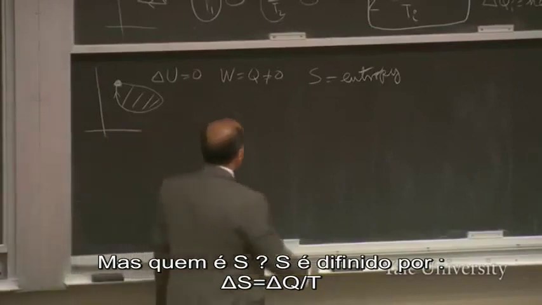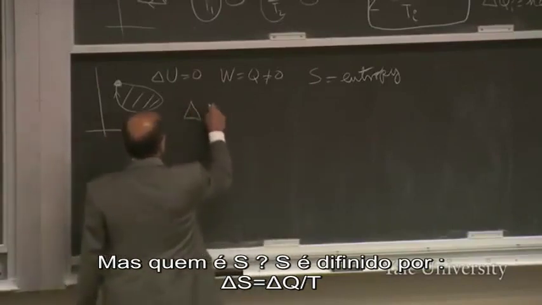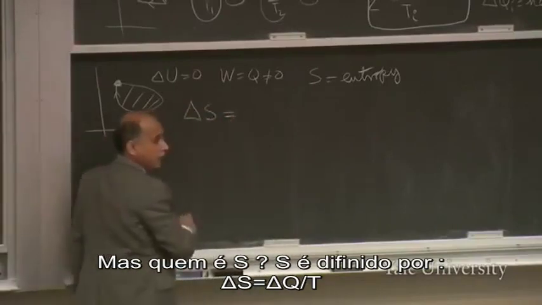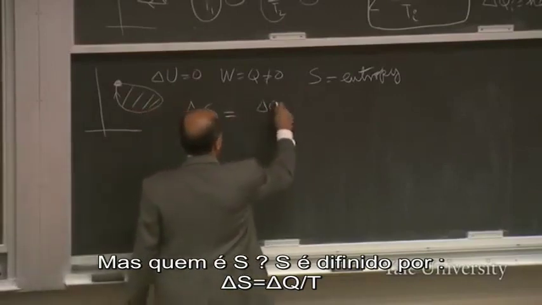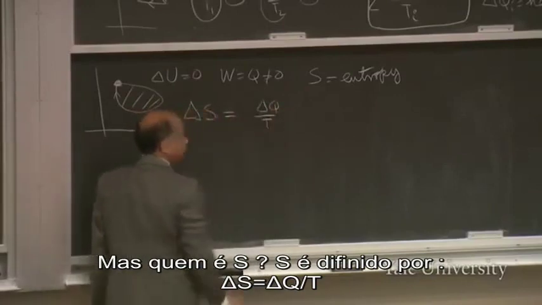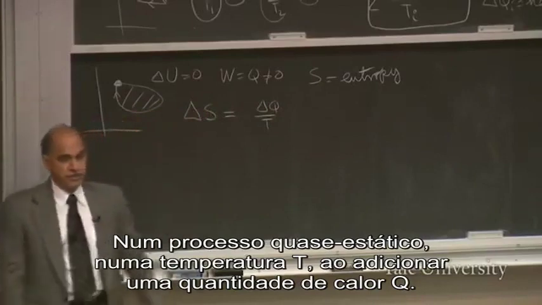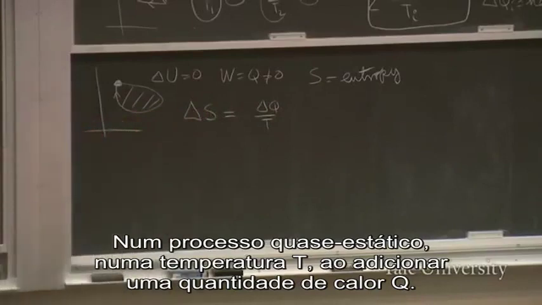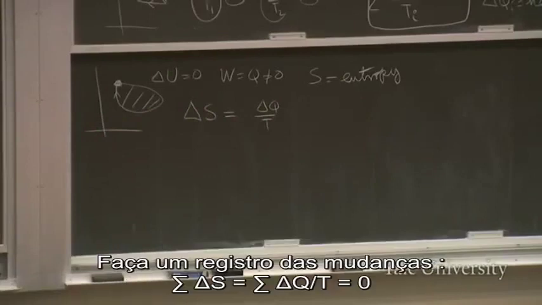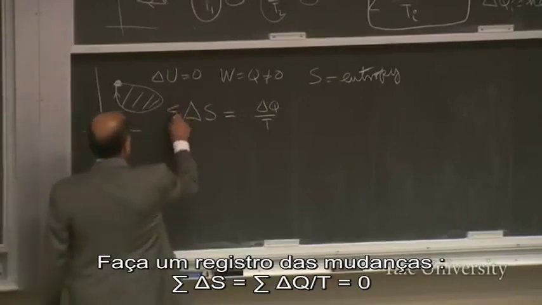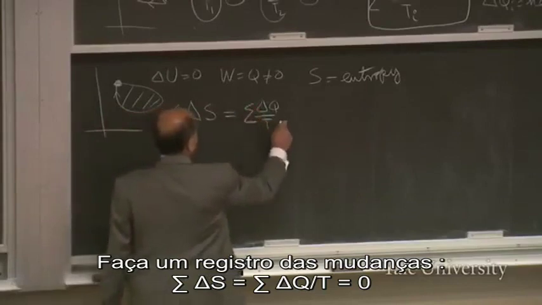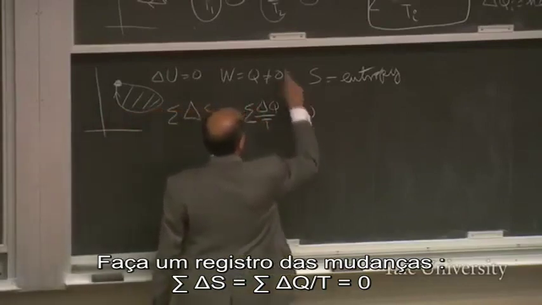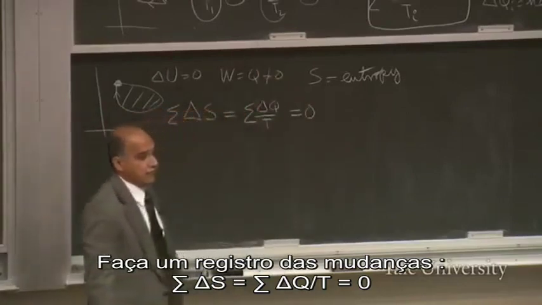That S is defined by saying that the change in the entropy is the heat you add divided by the temperature. In a tiny little process, if you are at some temperature T, you add a little amount of Q, keep track of all the changes, and that change will be 0, as I showed you in this Carnot cycle.